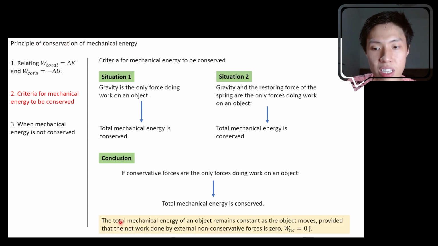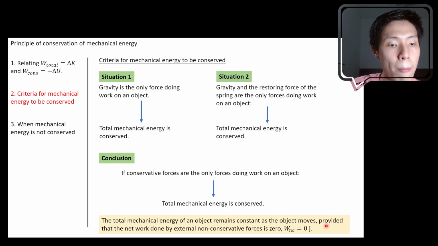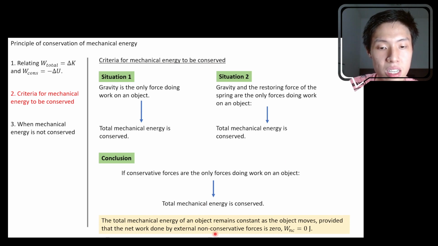To express it in words, the total mechanical energy of an object remains constant as the object moves, provided, and this is the criterion for mechanical energy to be conserved, that the net work done by the external non-conservative forces is 0, or the work done by non-conservative forces equals 0.